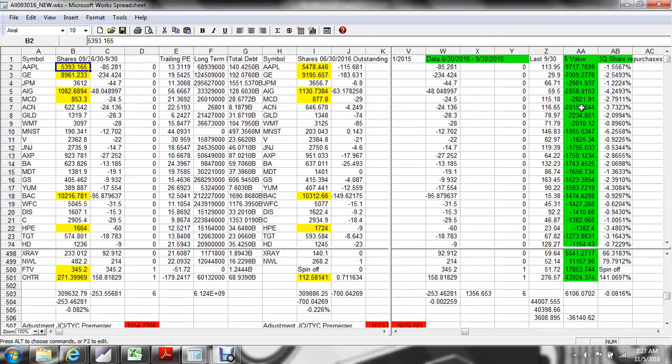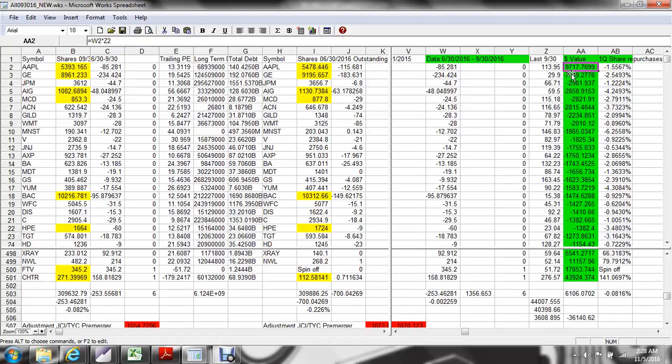We see that Apple reduced their share count by about 85 million shares, and on the last day of the quarter their closing share price is 113.95. If you multiply those together, you get the share value of the reduction, which was $9.7 billion. Now they spent $10.2 billion.